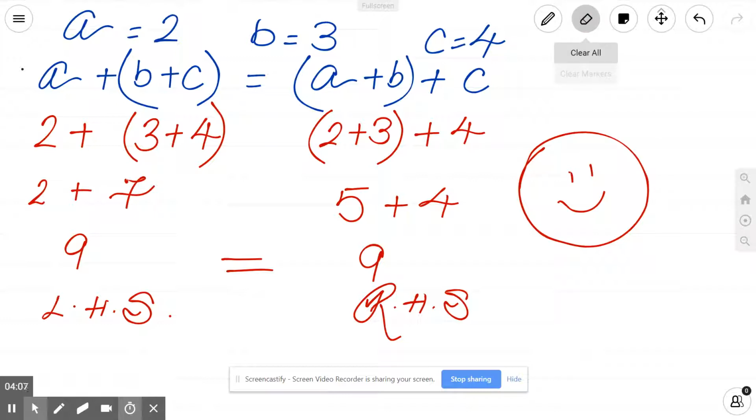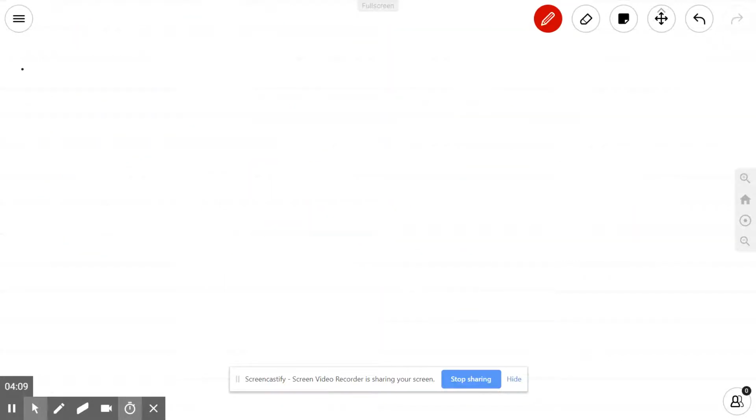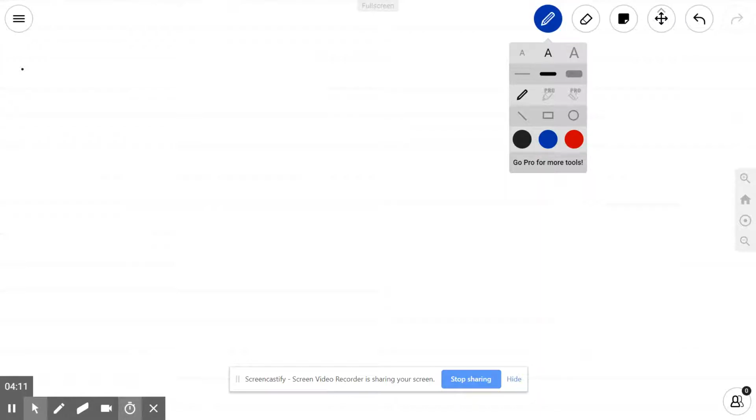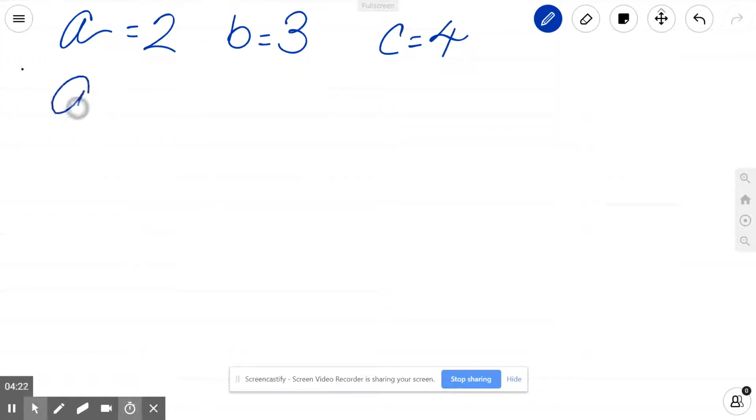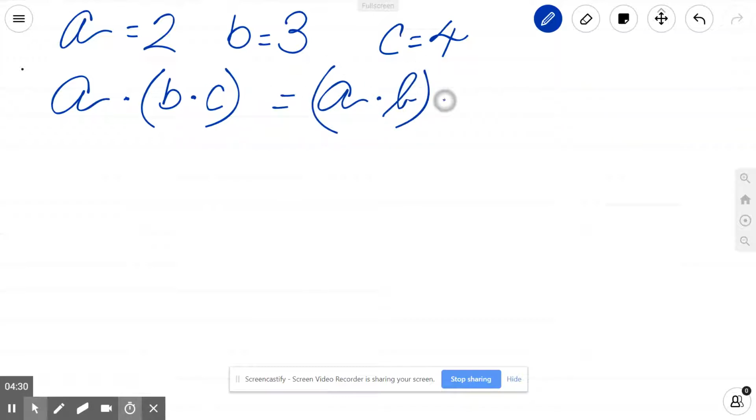Let me clear this off. It's going to be gone soon. There it flies. Okay. Next up, we have an example for multiplication where a is 2, same numbers, b is 3, c is 4. So how do we set it up first? a times b times c equals a times b times c.